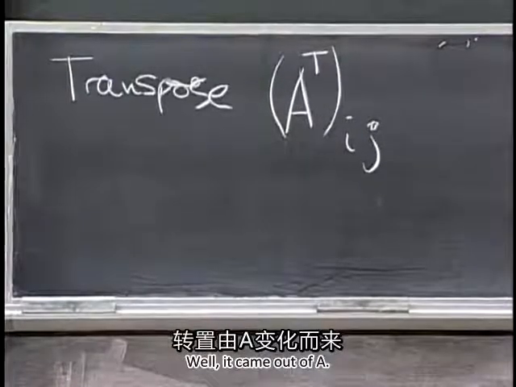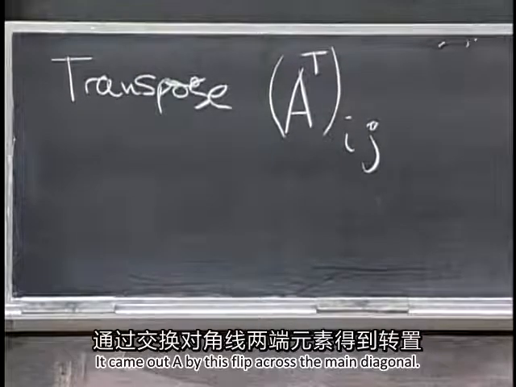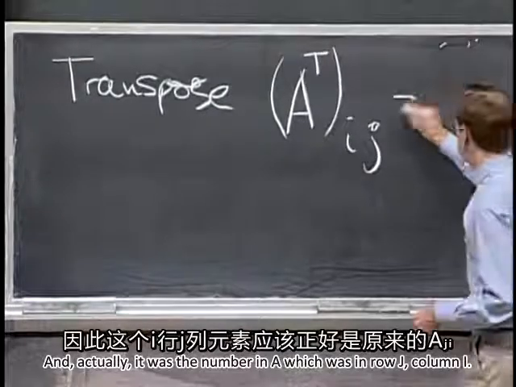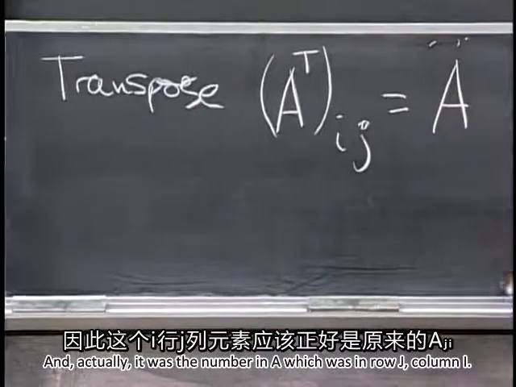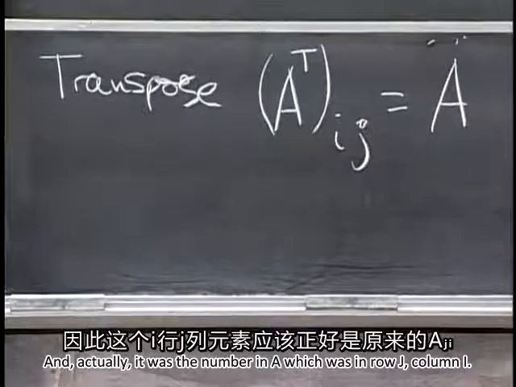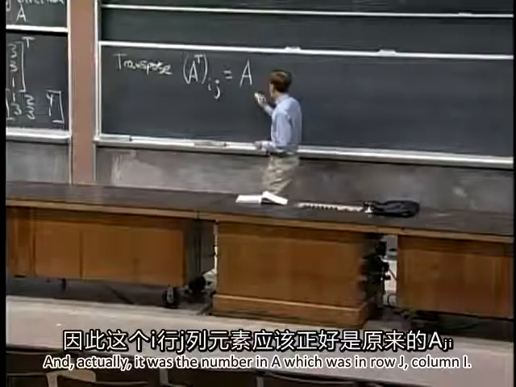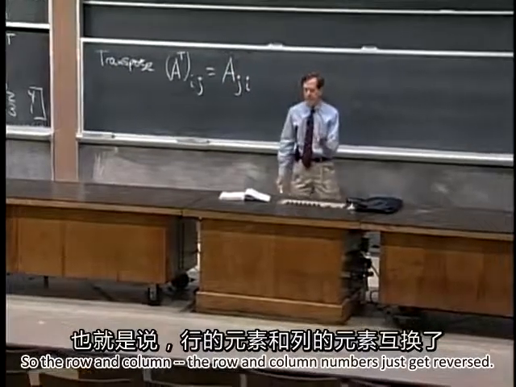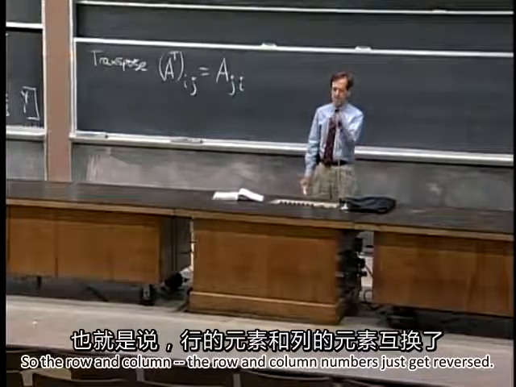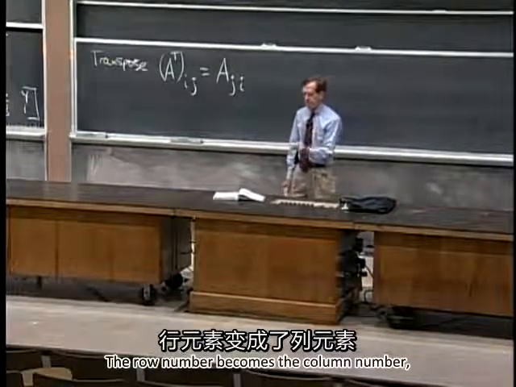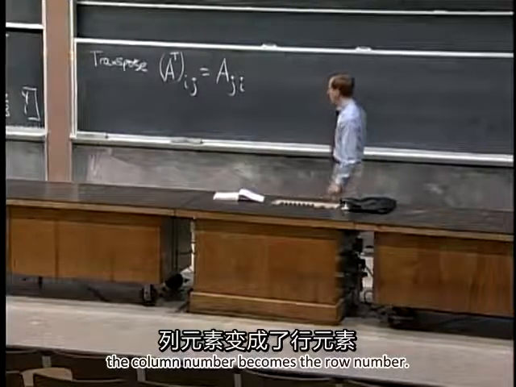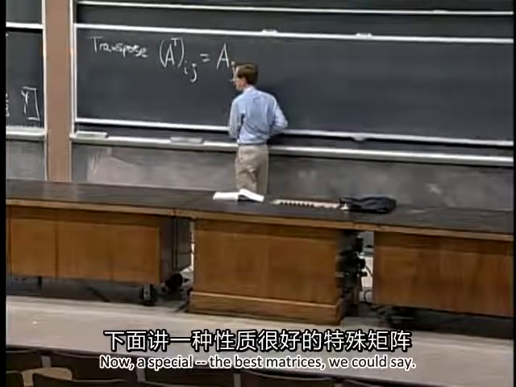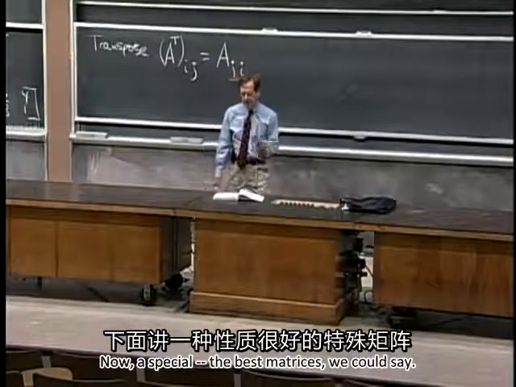Well, it came out of A by this flip across the main diagonal. And actually, it was the number in A which was in row J, column I. So the row and column numbers just get reversed. The row number becomes the column number becomes the row number. No problem.